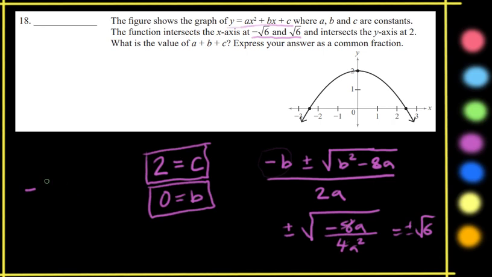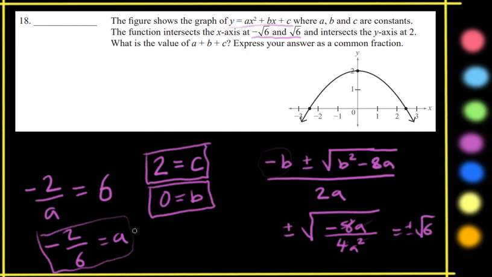So minus 2a over, and the a can cancel with one of these a squared. So it's really just minus 2 divided by a is equal to 6. All right, so I can multiply by a over 6, and I get minus 2 over 6 is equal to a. So now I know a as well. If I simplify that, that's minus 1/3. So maybe I'll write that a equals minus 1/3.